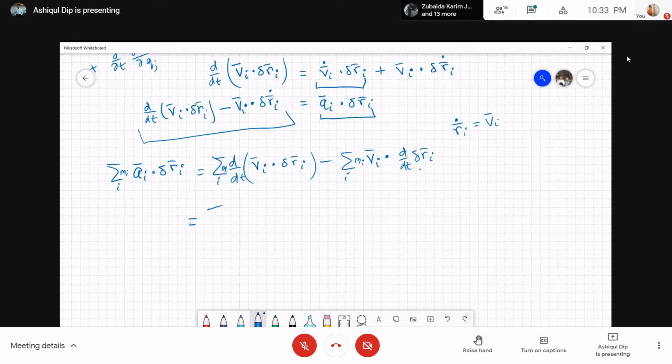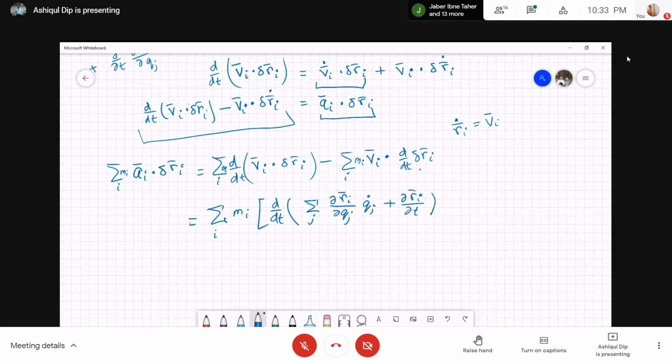So sum over m, and now d/dt of something. This something we write explicitly. What is v_i in terms of our q dots? Sum over j of delta r_i over delta q_j times q_j dot, plus delta r_i by delta t.